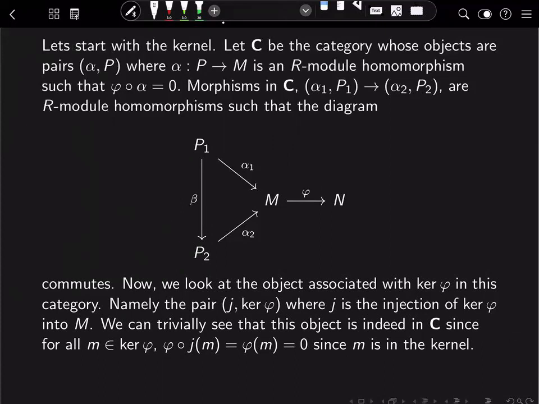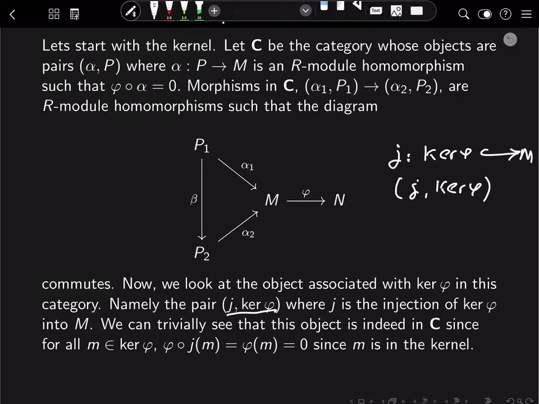So we're going to look at the pair (J, kernel of phi). We know that the kernel of phi is a submodule, so in particular it is an R-module, and J is the injection of the kernel of phi into M. So this is going to be one of our objects here. And we can see that this object is indeed in the category.